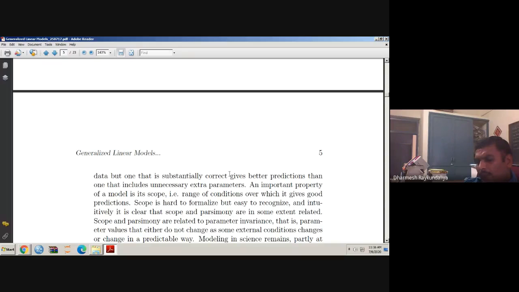So when I say the parsimonious model, it means it has the minimum number of parameters, which means the minimum number of variables in the model, and simultaneously it gives better prediction compared to those models which add unnecessary extra variables.